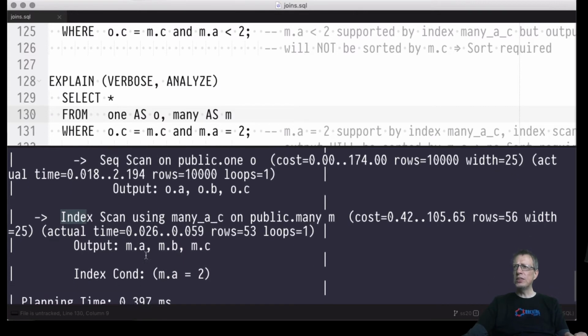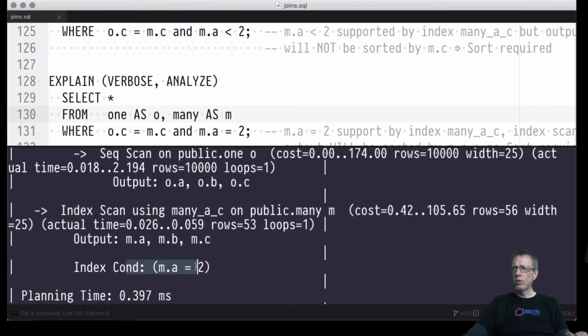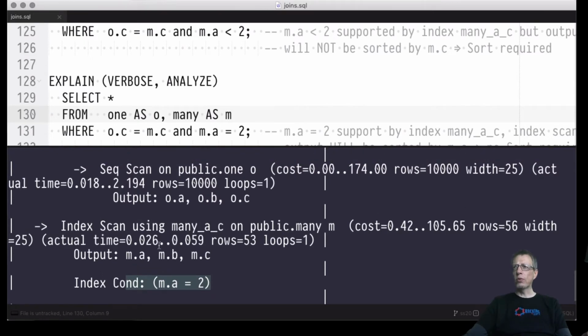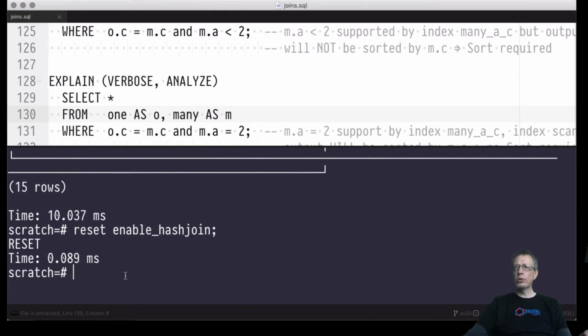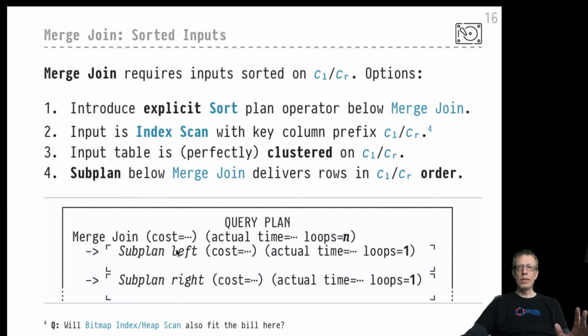The system has indeed seen that this scan will deliver the rows in ascending C order, because we are confined to a single A group. Inside that A group, C order, and this is exactly what the top level merge join requires. Perfect. Okay, so a careful consideration of the order of rows that flow in from these subplans can really bring a benefit for merge join here.